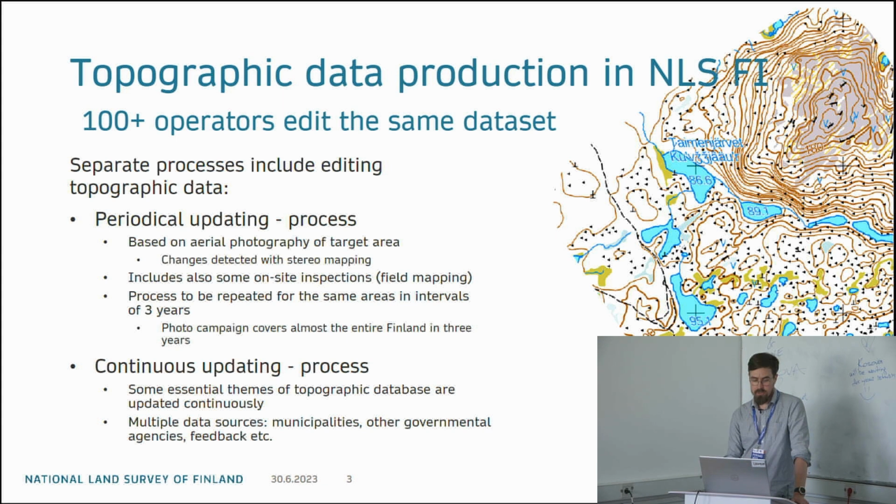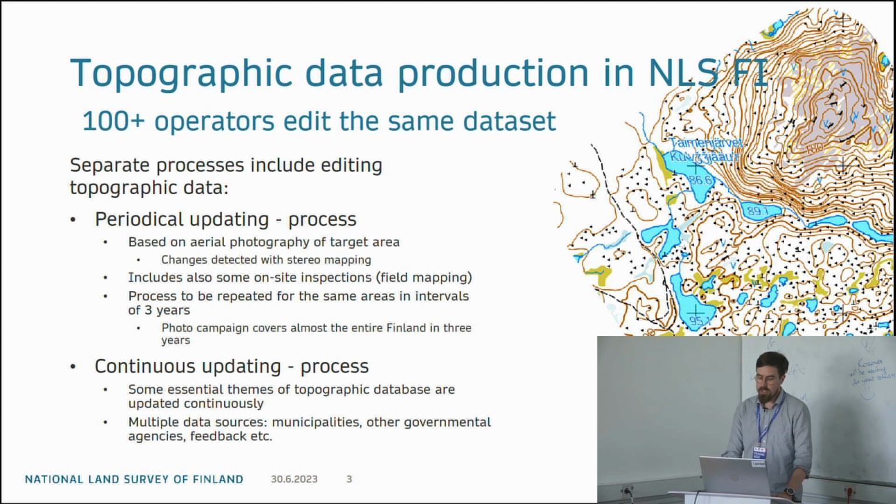Periodical updating process is based on aerial photography of the target area, and the changes are detected with stereo mapping. It also includes some on-site inspections, which we call field mapping, and this process is repeated for the same areas in intervals of 3 years, because our photo campaign covers almost the entire Finland in 3 years.